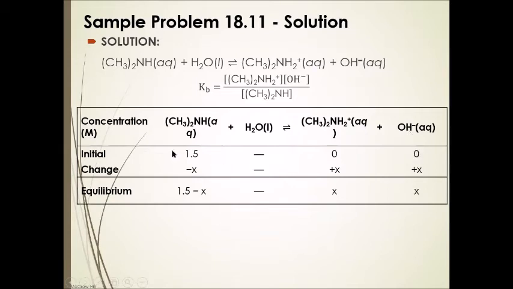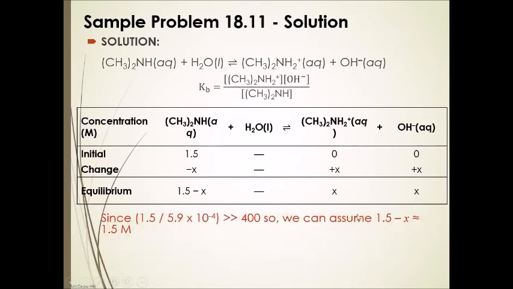So change: of course the amine decreases by a certain concentration. We put X, so negative X. Of course the ions increase by positive X, since the stoichiometry is 1 to 1, so the other side also plus X. So at equilibrium you get 1.5 minus X for the amine, and then the ions X.